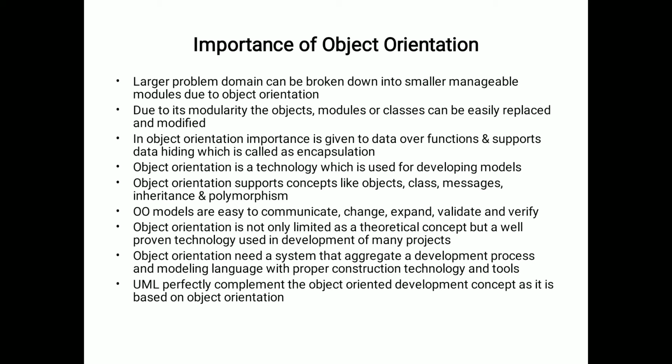Object-oriented model is not only limited as a theoretical concept, but a well-proven technology used in development of many projects. This system aggregates a development process and modeling language with proper construction technology and tools. UML perfectly complements the object-oriented development concept as it is based on object orientation.